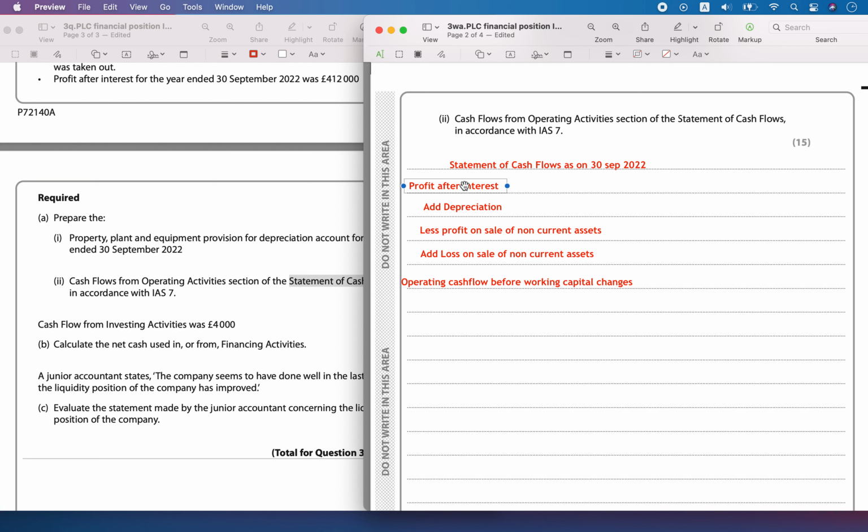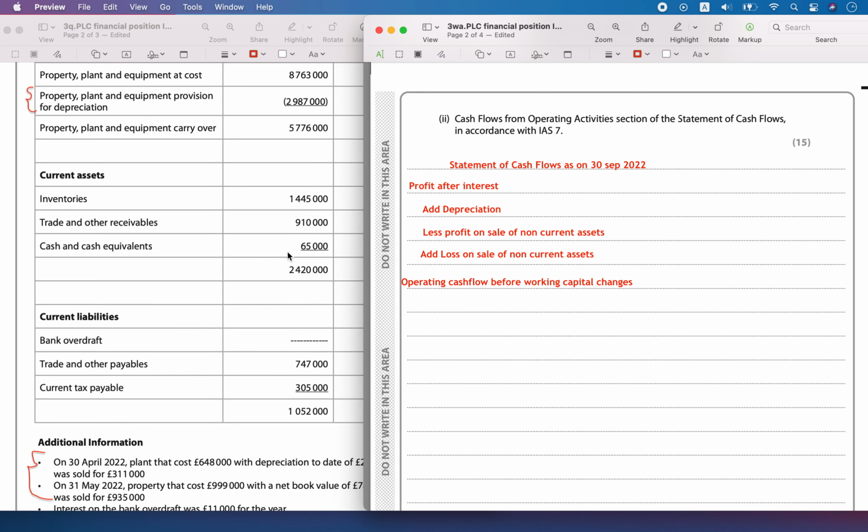I have taken the profit, added back the depreciation cost for this year, and subtracted the profit from the sale of non-current assets. I will also add back any losses incurred, and that value represents the operating cash flow before any working capital changes.